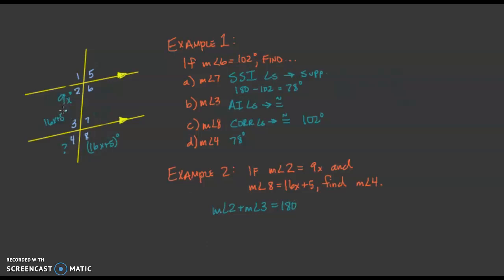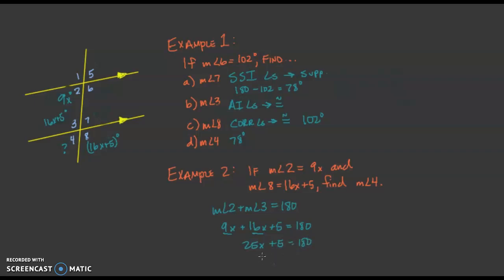If I take these algebraic expressions and substitute them into this statement, then what I will have is an equation that I can solve. 9x plus 16x plus 5 equals 180. That seems like an equation I should be able to solve pretty easily. Let's combine these like terms. 25x plus 5 equals 180.